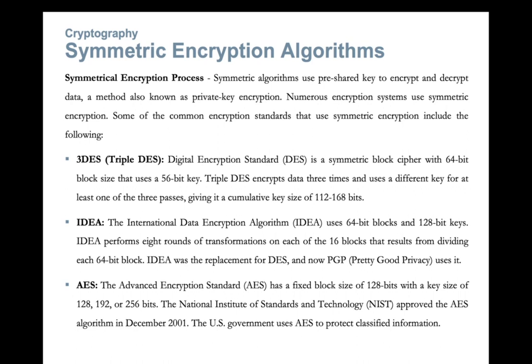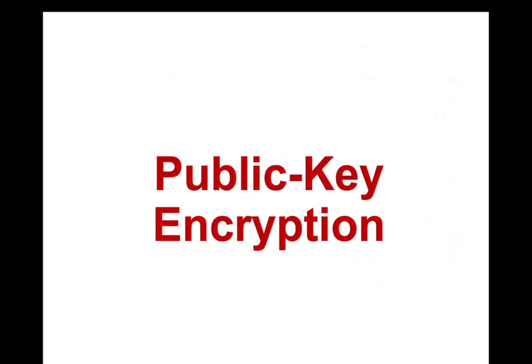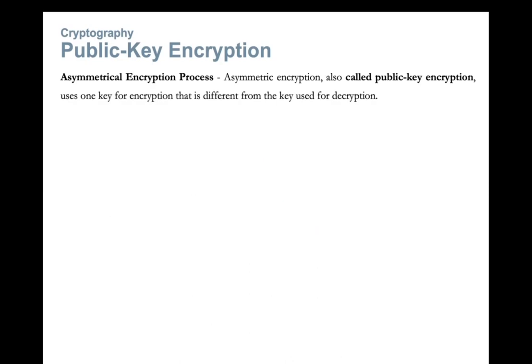Okay. So now let us see the public key encryption method. In public key encryption, the asymmetric encryption, also called public key encryption, uses one key for encryption that is different from the key used to decrypt it.